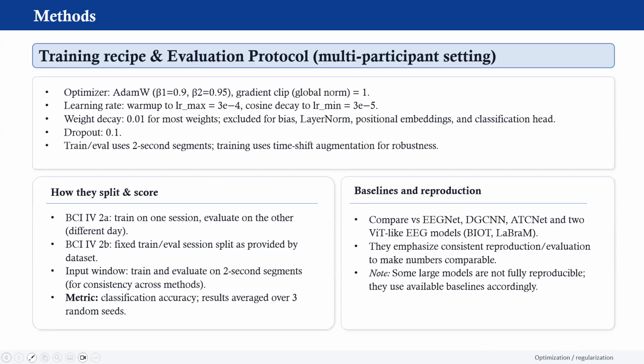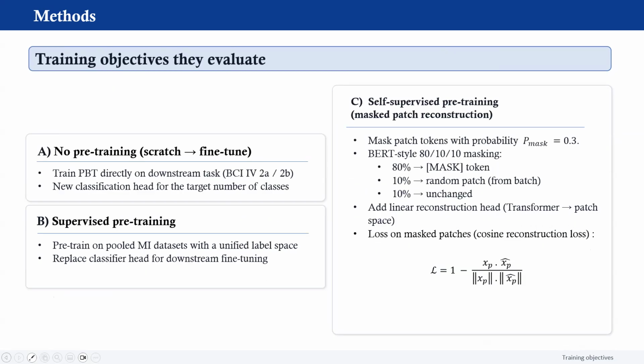I have a question. Okay. So, can you explain again how they are masking? Because this just seems a bit weird to me. Yeah. So what they've said is that you have your patches, right? So basically, with a 30% probability, you're going to pick a patch to mask.